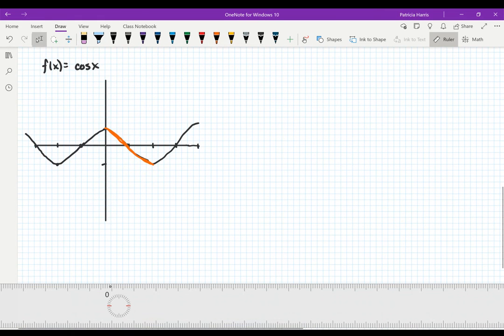So our restricted domain, and our range.